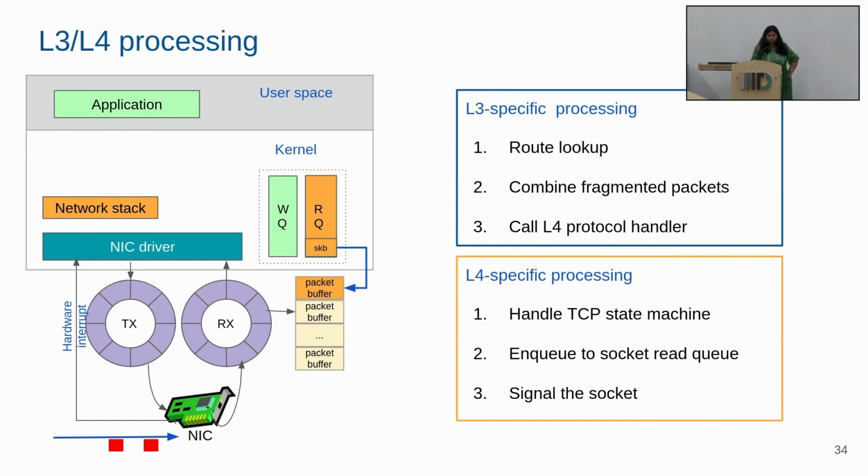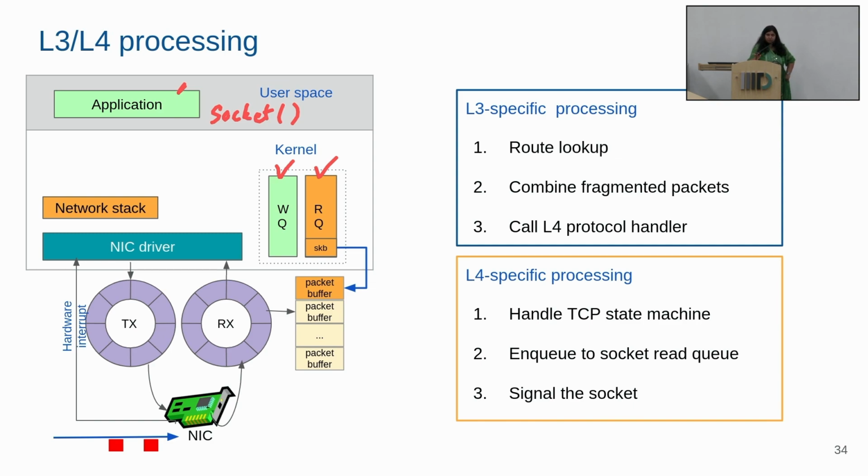Specific to layer 4, now what exactly happens? Let's move back to our application. Whenever a client or server application was created, the first thing you do for communication over the network is create a socket. When you make a socket system call, there are 2 queues for each socket created within the kernel space.